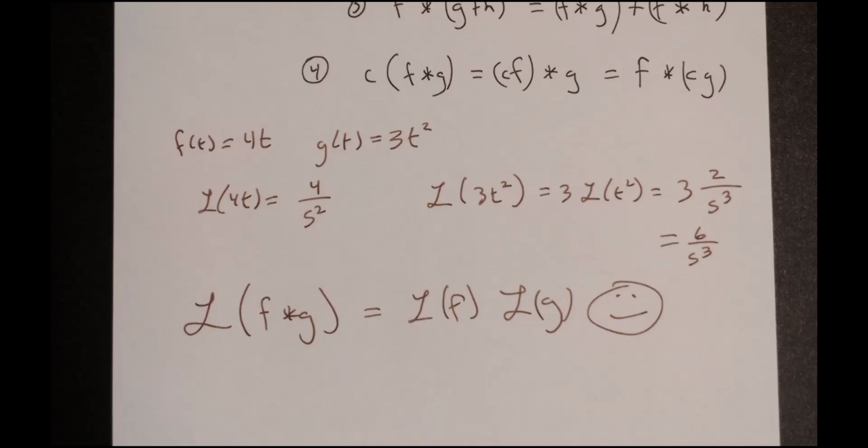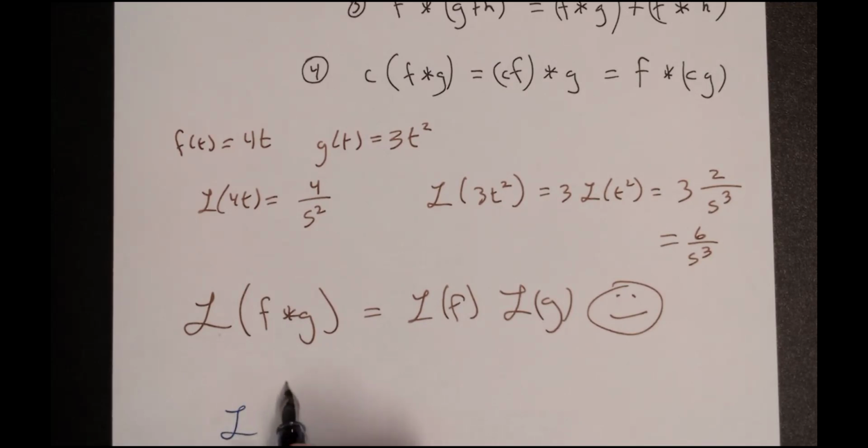If I can look at a function and say, wait a minute, this function should be a convolution, then I can take that even if I don't have the function written out explicitly, even if the function is written as an integral. This problem is taken directly from the text.